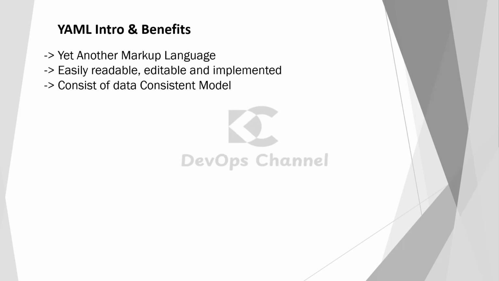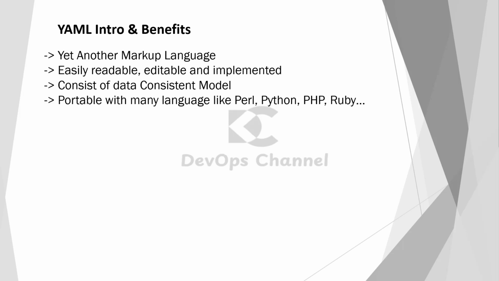Basically it consists of a data consistent model. We will learn about this if possible in this lecture, and we will also understand the processes involved in YAML processing. The main reason for using YAML is that it is portable with many imperative languages like Python, PHP, Ruby.